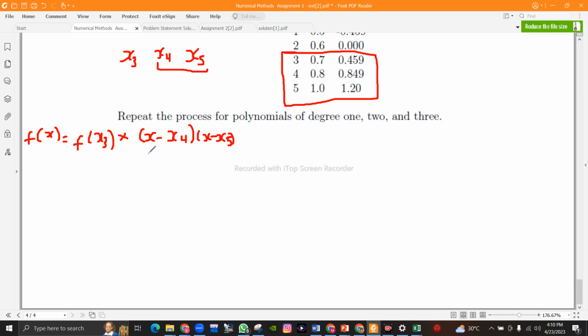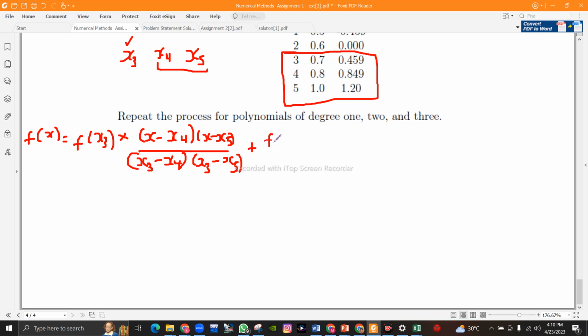divided by x3 against the remaining two, x3 minus x4, and then x3 minus x5, plus, now we've done f of x3, let's do f of x4.